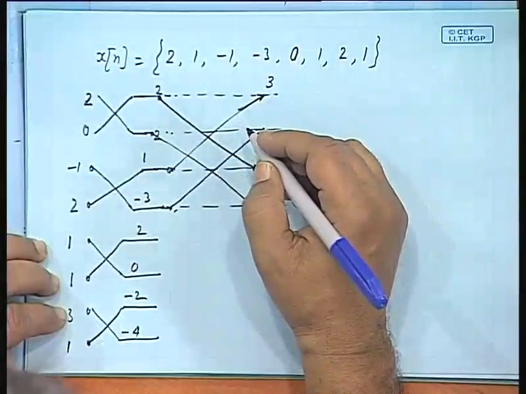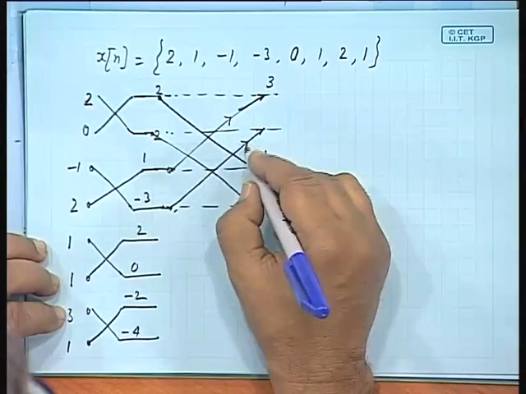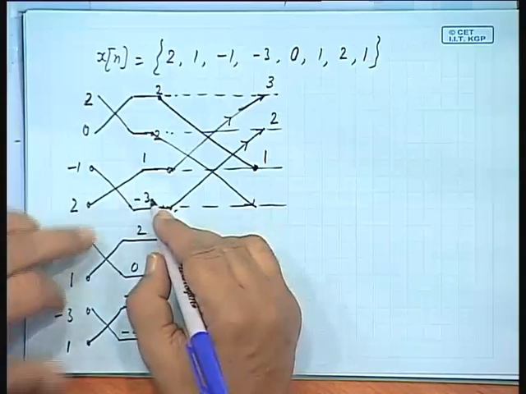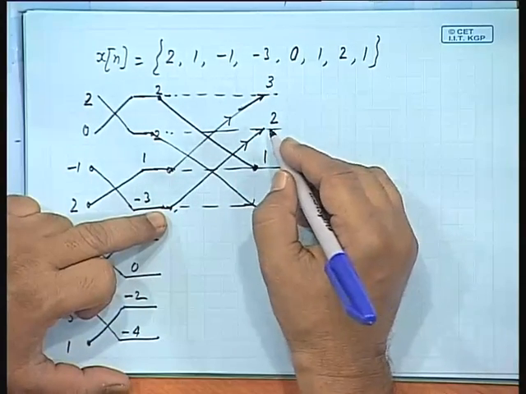When we are taking 2-point sequences, W41, no? Should it not be W41? W82 means W41. So, W41 is minus j. Okay. So, I will write this one as 2, this is minus 3 into minus j, that becomes plus 3j.